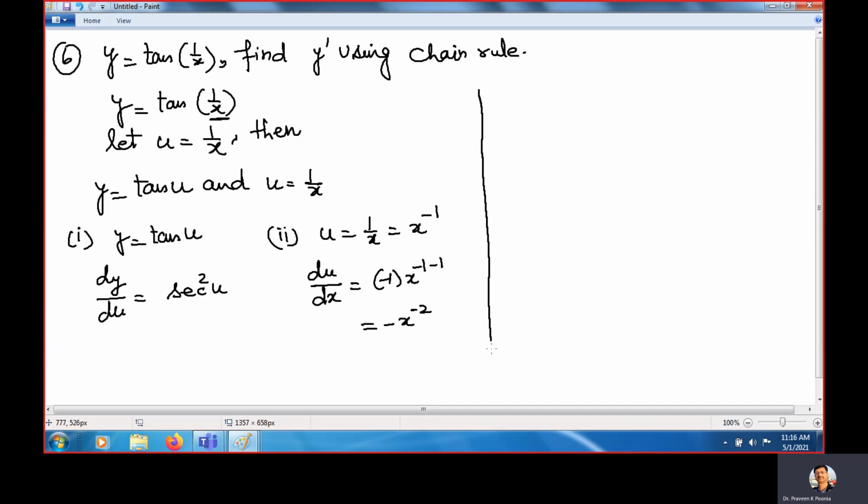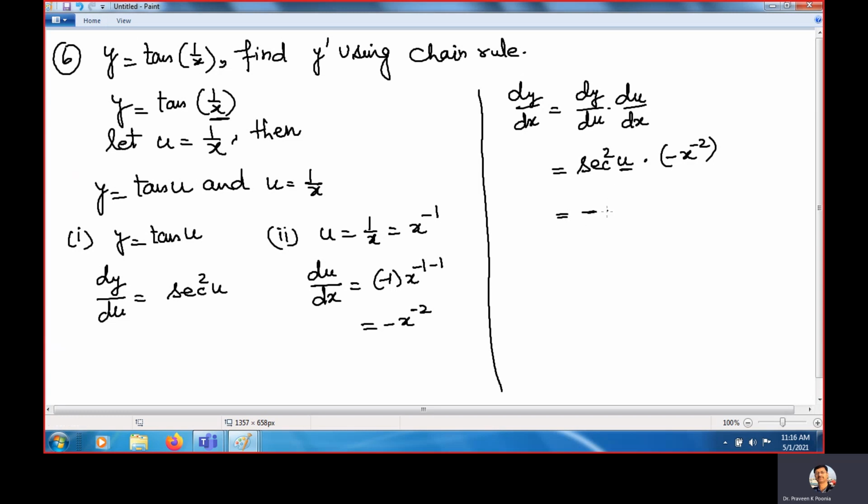So use chain rule. Dy by dx is equal to dy by du into du by dx, is equal to dy upon du, it is sec square u into minus x power minus 2. So replace u by the function.